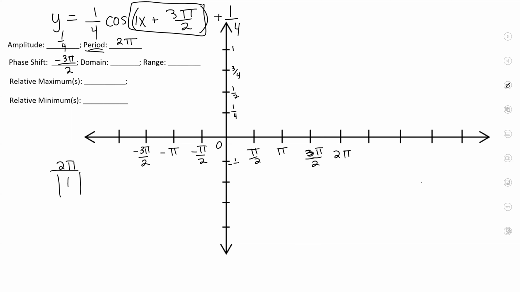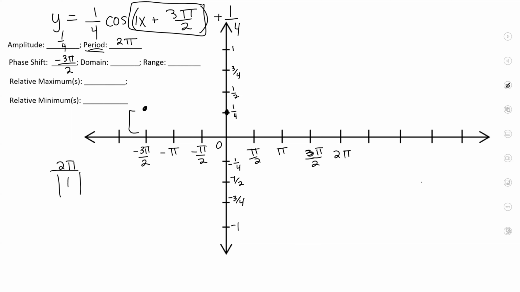And -1/4, -1/2, -3/4, and -1. So instead of starting right here for cosine, I need to shift this way and start here for my cosine. Because my amplitude is 1/4, I need to be a space of 1/4 away.